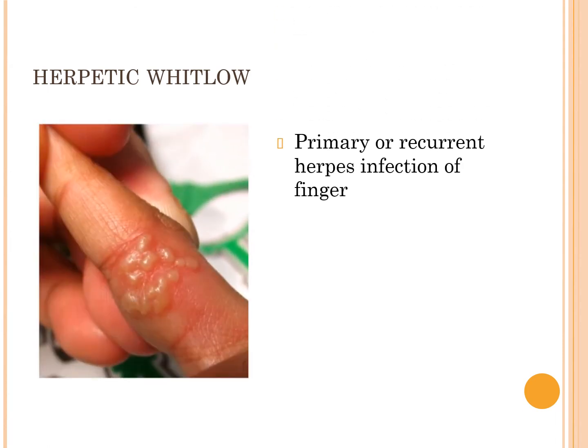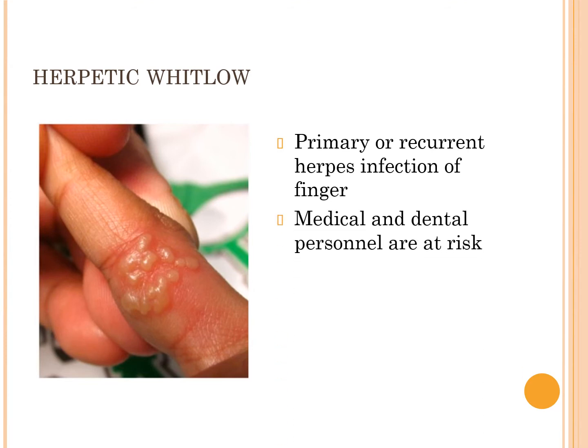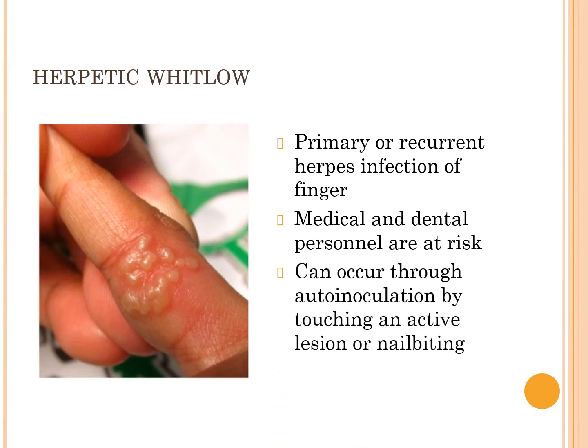It is the primary or recurrent herpes infection of the finger. Medical and dental personnel are at risk for this type of HSV-1 infection. It can occur through auto-inoculation by touching an active lesion, let's say in the mouth of a patient if you are a dentist, or even by nail biting.